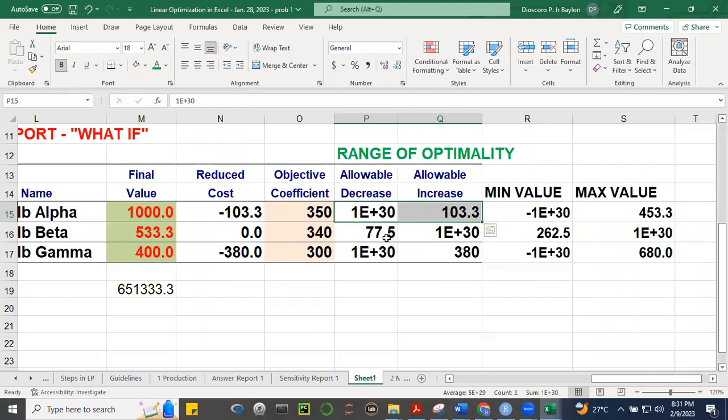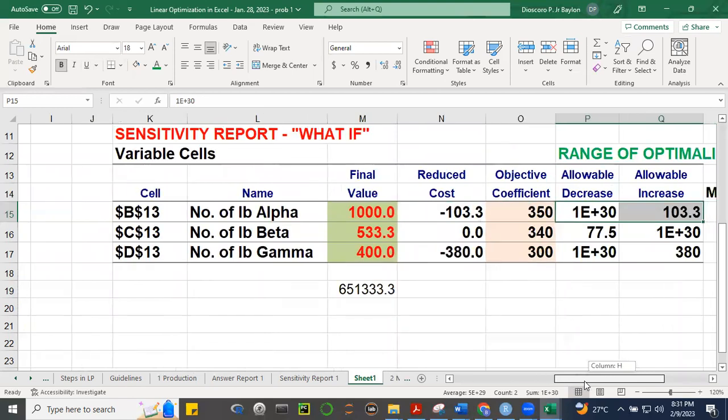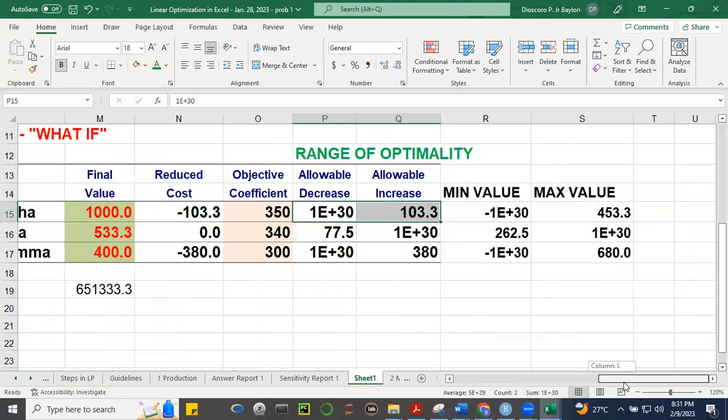The same thing for beta. We can experiment on this 77.5, hanggang kasi 3 ano si beta 340, di ba? So you can decrease beta hanggang 77.5 and increase it to how much, whatever, no? Kung magkano man, kasi positive tong ano na to eh. Kahit magkano man yan, positive, then it will not change the optimal solution.